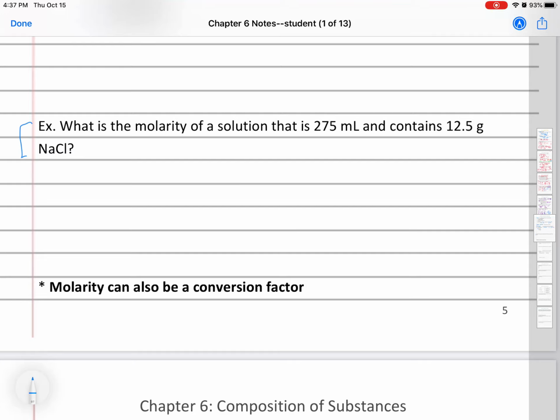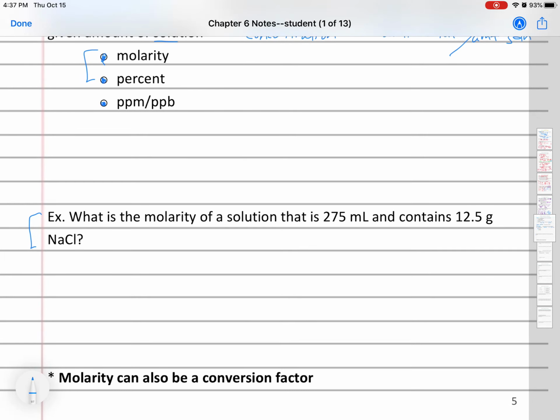Alrighty, so the first one here, what is the molarity of a solution? Oh, I guess I should define molarity for you first. Molarity is also abbreviated with a capital M. Molarity is defined as moles of solute over liters of solution.